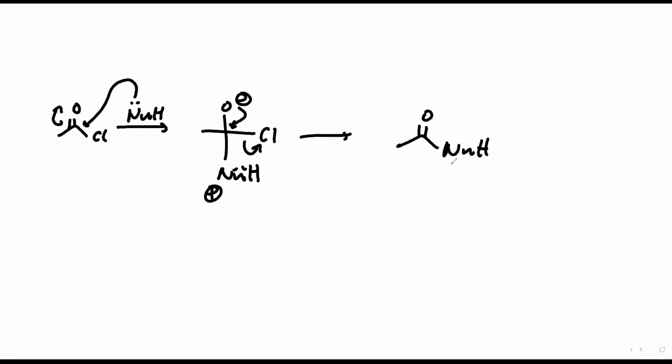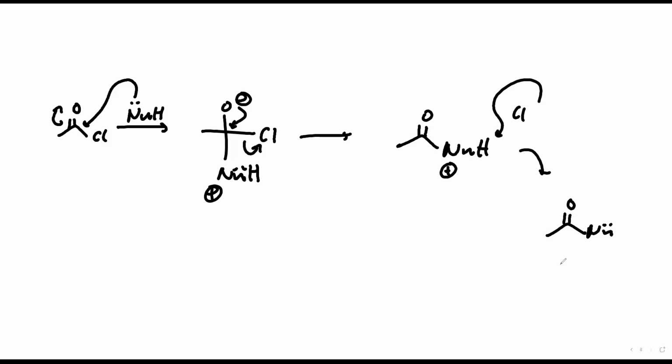And then because this was protic, that Cl will just pick up a proton. So look at that, I just described 80 to 90% of acyl halide reactions with this one set of arrows, because that's how all of them proceed.